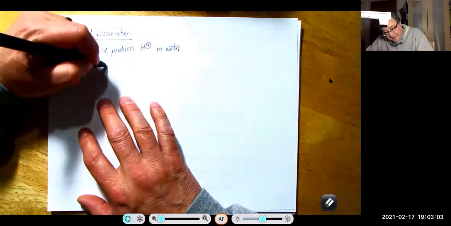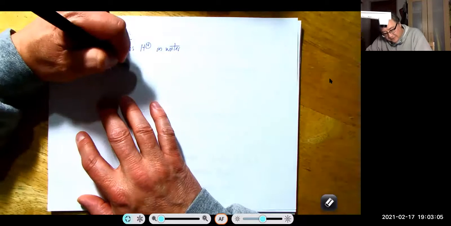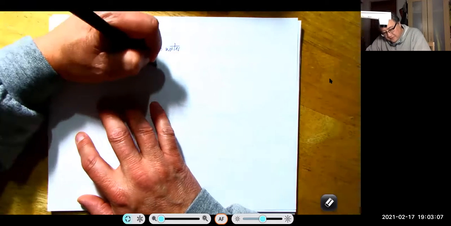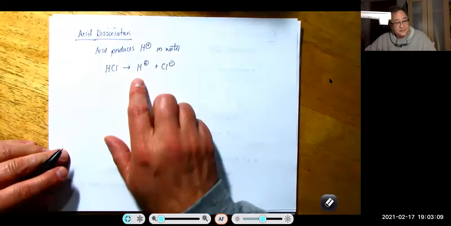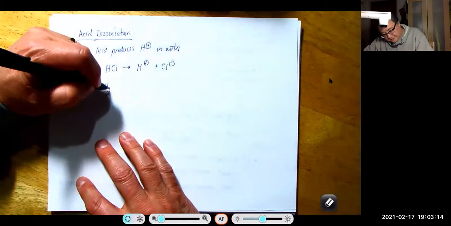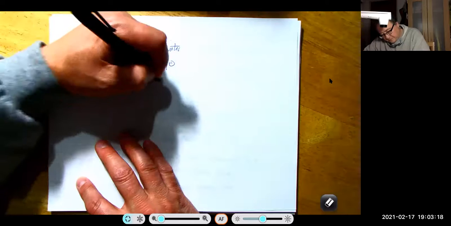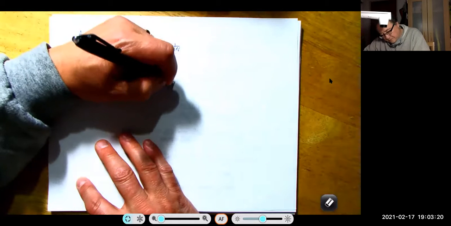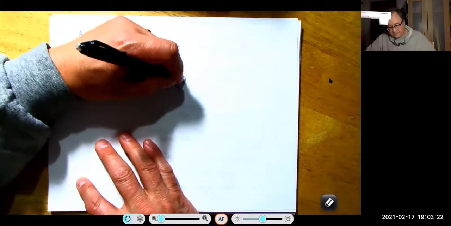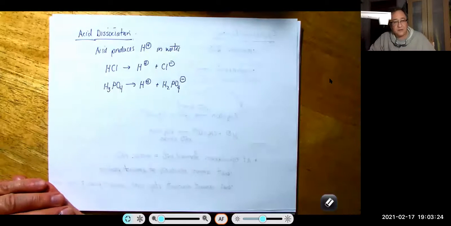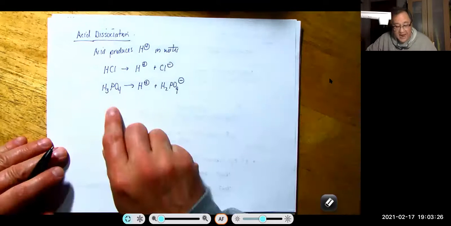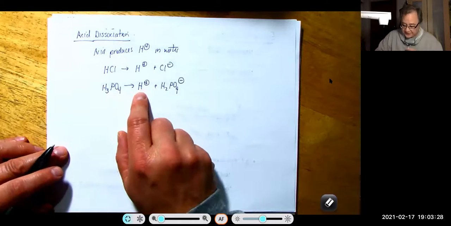So this is an example of an acid reaction in water. And there's my H plus. And here's another example. So these are two acid reactions where they're producing H plus.